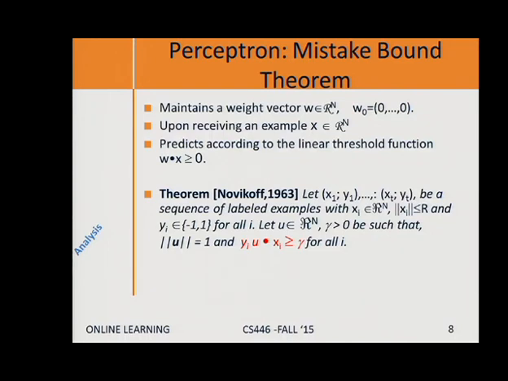Now, here is an assumption. I'm assuming that there is some vector u that actually separates the data. So I'm assuming that the data is linearly separable. Moreover, I'm assuming that there is some gamma, a positive number, such that, and I'm also assuming that the size of u is 1. So again, I'm assuming that u separates the data, and that the size of the separator is 1. Is this a big assumption?